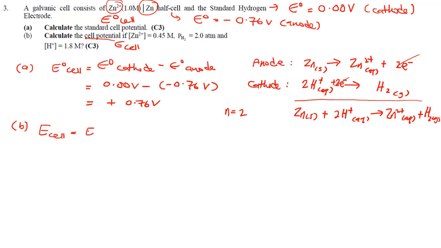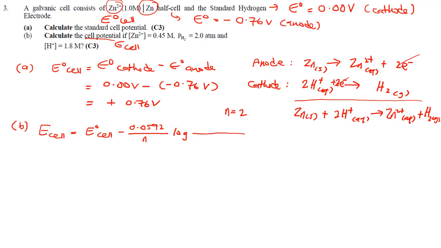E cell is equals to E0 cell minus 0.0592 over n log Q. Okay, so saya dah bagi tahu, apa yang kita perlu include adalah in aqueous and gaseous state. Okay, macam yang kita belajar sebelum ni. Okay, tapi kita boleh tulis serentak.